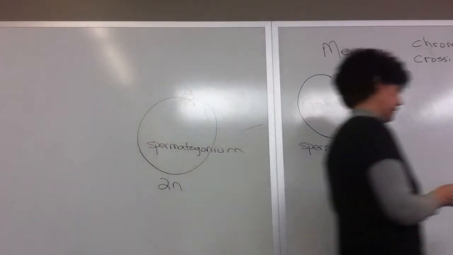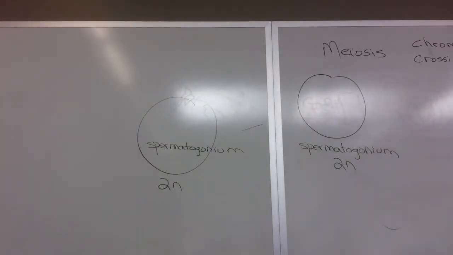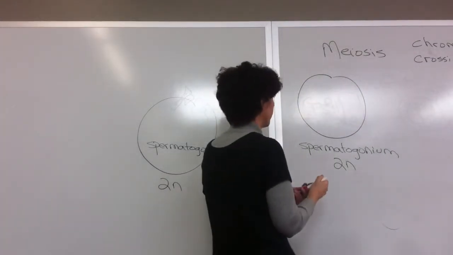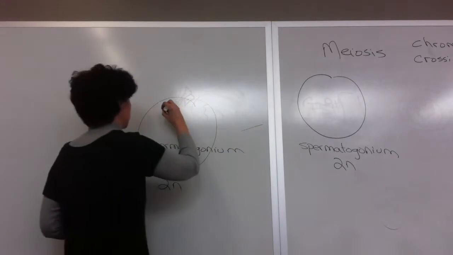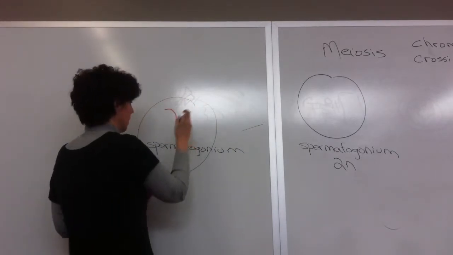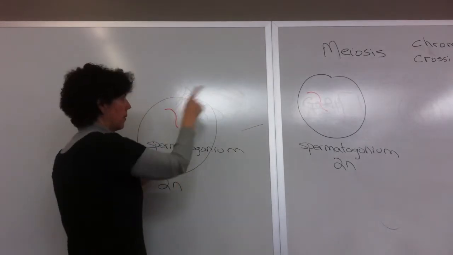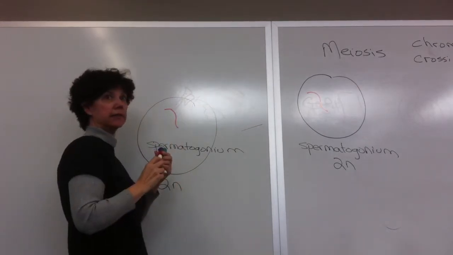See how many different colors I have. So let's follow two pairs of chromosomes. So this is a chromosome from the father.